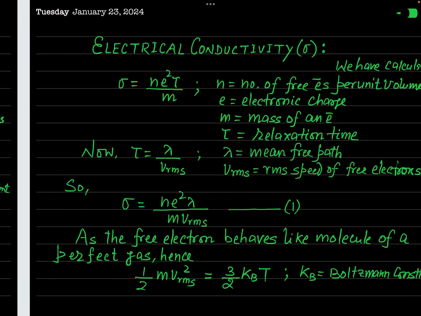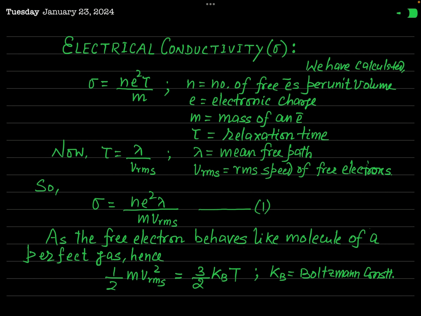Now let us first see the calculation of electrical conductivity of the metal on the basis of this Drude model. As I have told you, this problem has already been dealt with in our previous lecture, so I am writing here the final result.